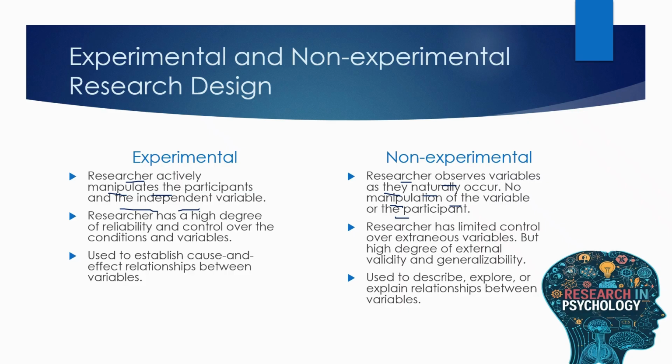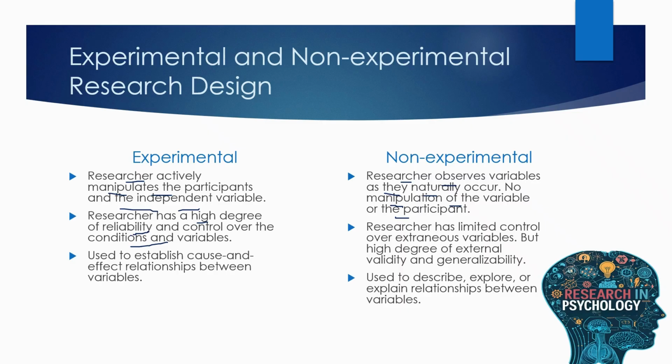Secondly, in experimental design the researcher has a high degree of reliability and control over the conditions and variables, right? The experiment is highly reliable and you can control the extraneous or confounding variables, so you can minimize the error also. But in non-experimental design this is not possible because you are observing the participant or the variables in the natural setting.